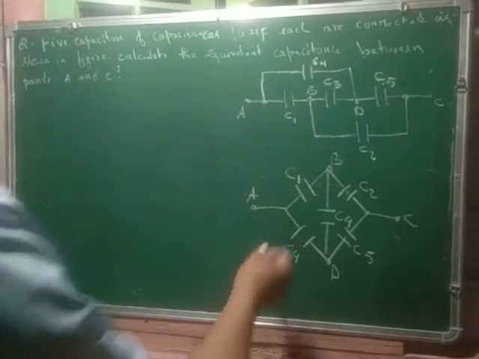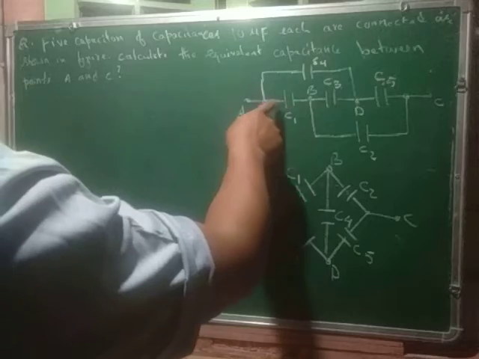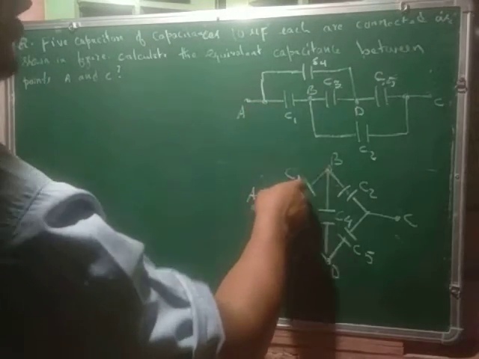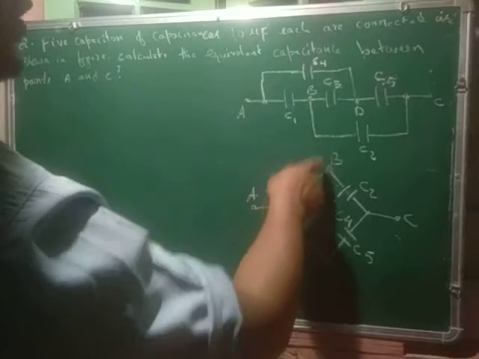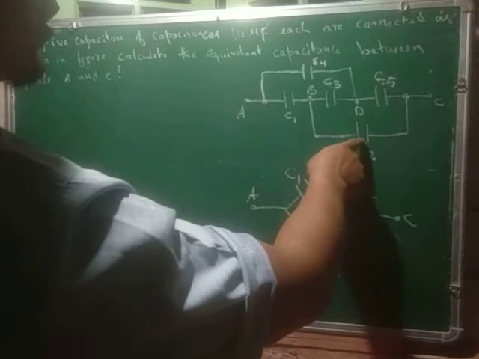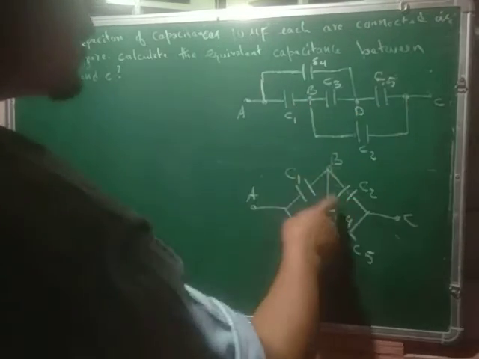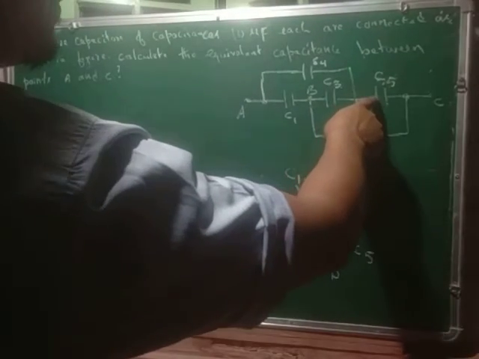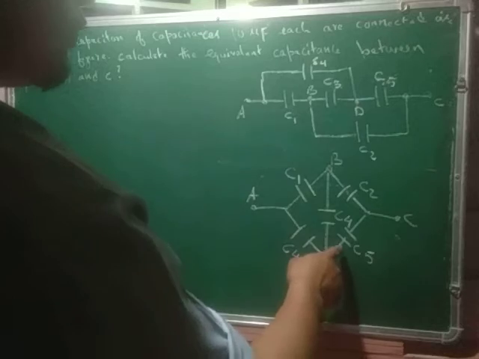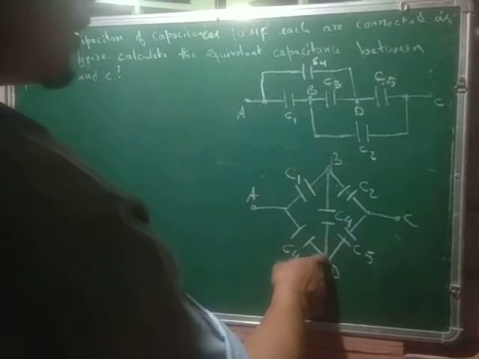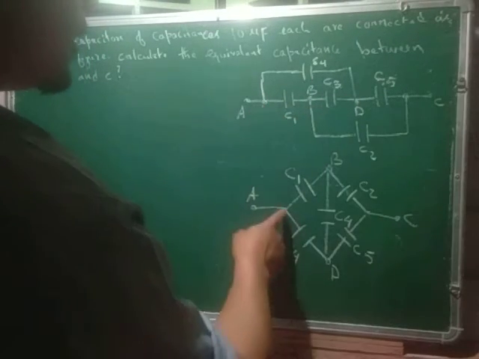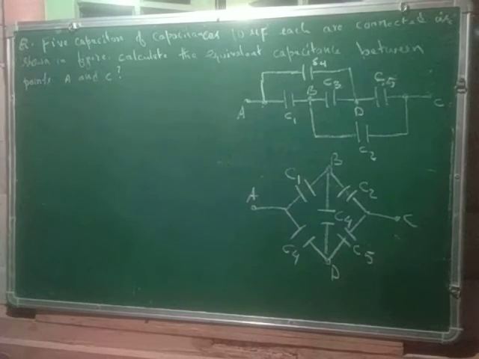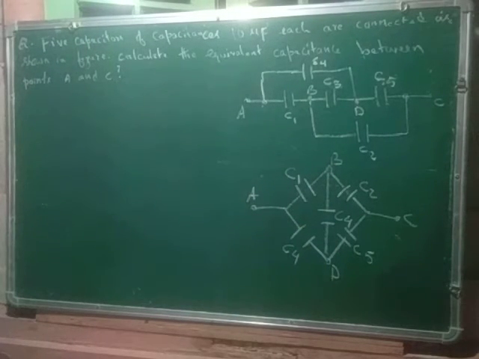Look, this C1 is connected between point A and B. Then C2 is connected between point B and C. C5 is between C and D, C4 between A and D, C3 between B and D. So it's nothing but just the rearrangement of the figure.